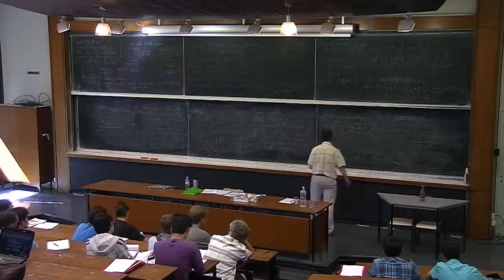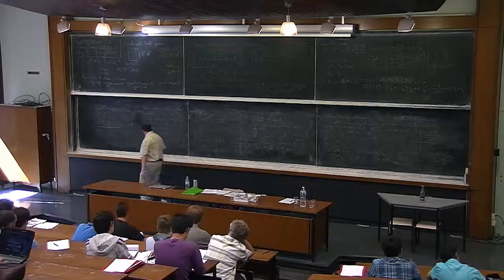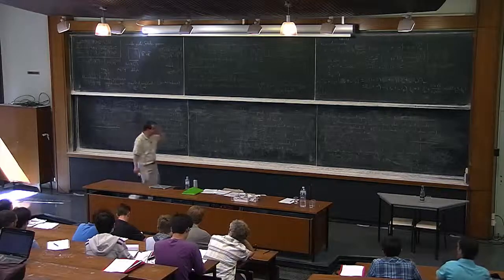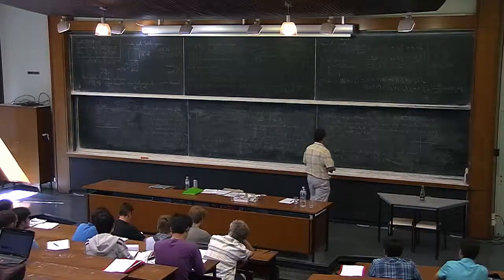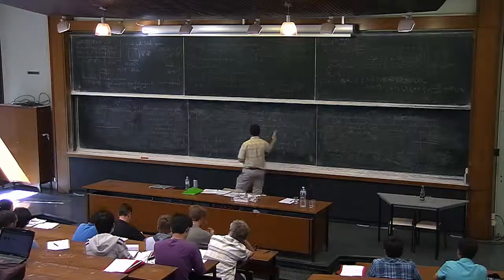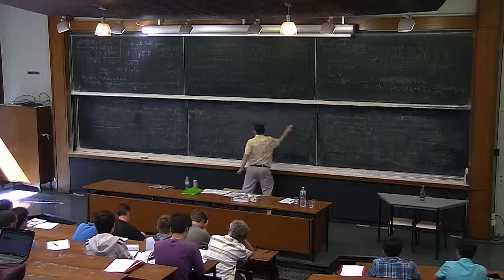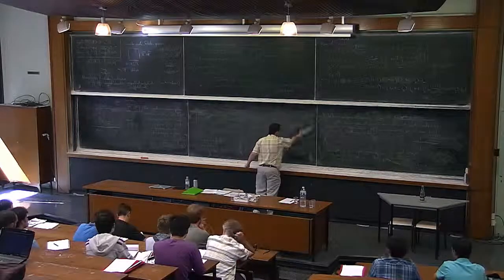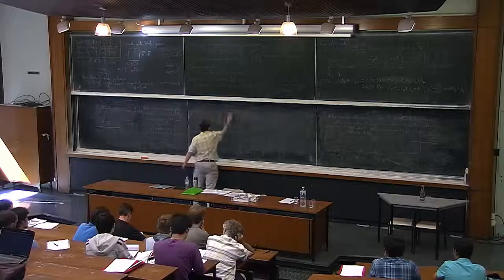So what's the difference with the Kerr de Sitter picture? Kerr de Sitter space looks essentially the same. Well, I guess I should erase this because we certainly cannot blow it down.